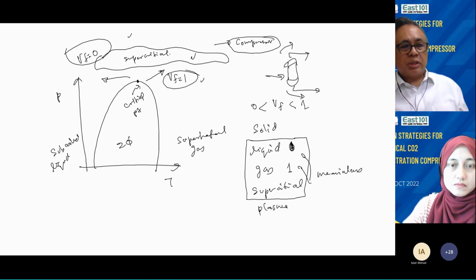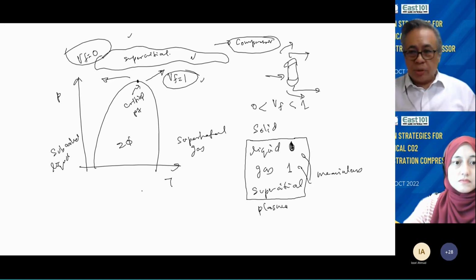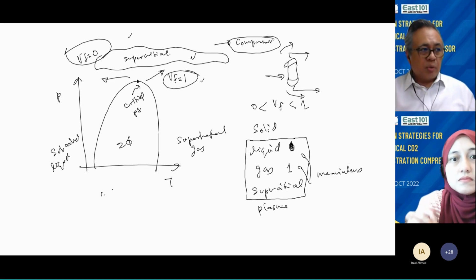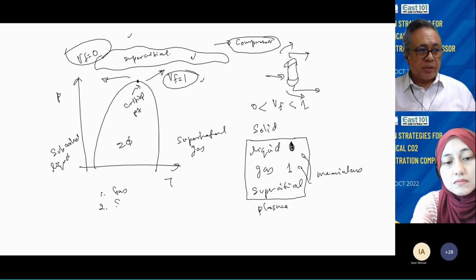So a compressor is used every time you've got a compressible fluid. When do you use a compressor in HYSYS? One, obviously, when you have a gas. Two, if you're supercritical. And three, sometimes when you are near critical.